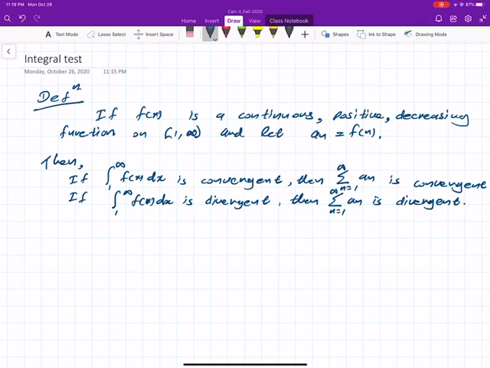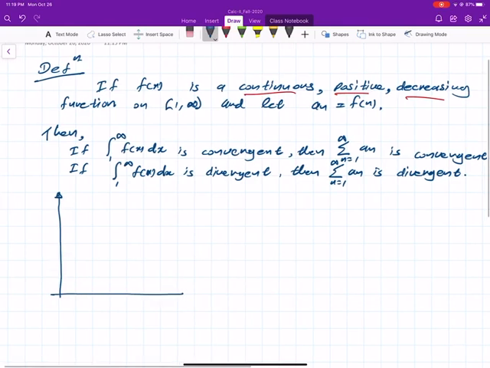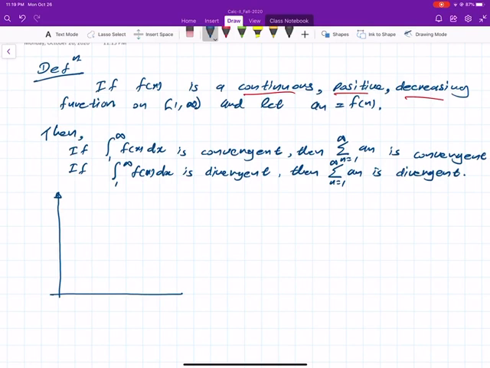Alright, so let me explain this. Let's say you have a function f of x which is continuous, positive and decreasing. Let me draw that function. So the shape should look like this.